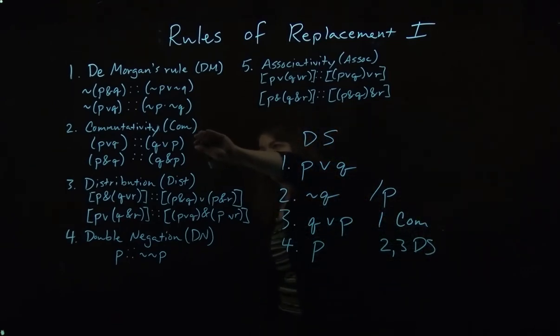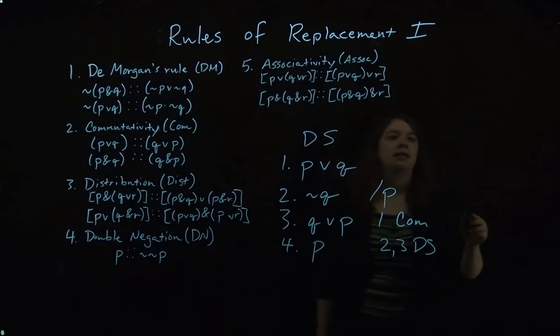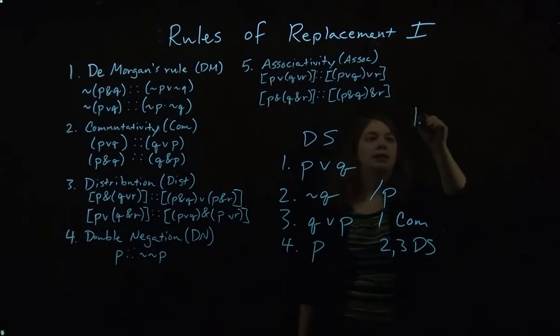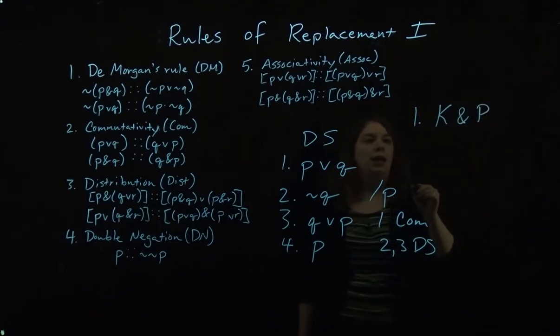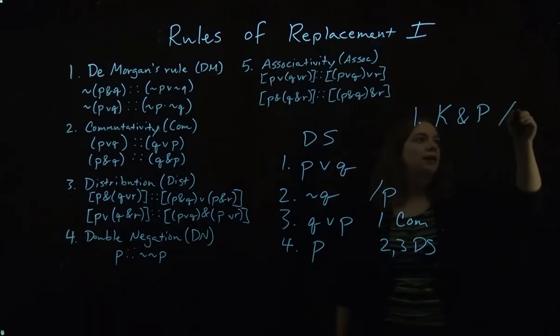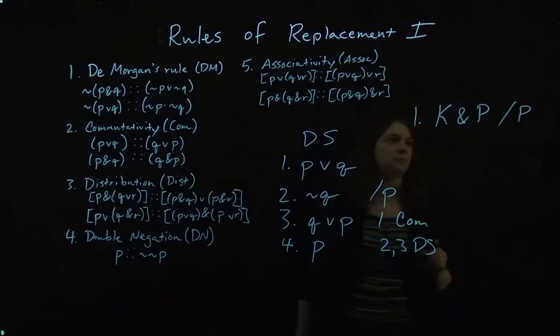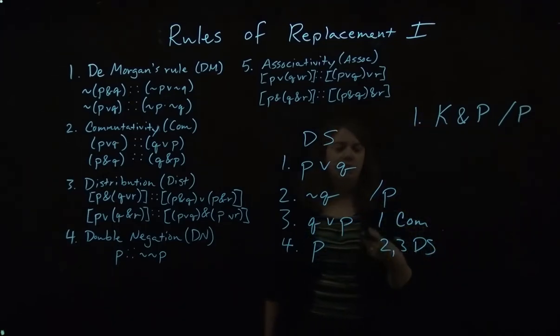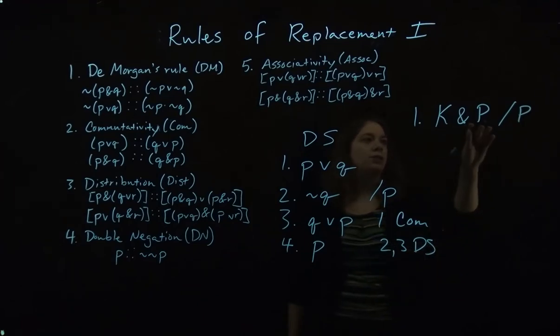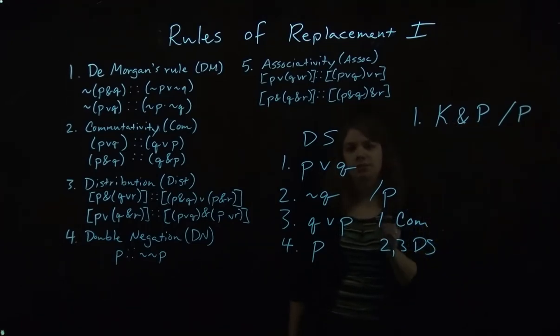Another place where the rule of replacement of commutativity comes into play, another kind of instant rule of implication, is if you have something like a conjunction, K and P, and you're trying to derive P. You might think, and the way you were doing it last week for a while, that you might just derive that P from this conjunction using simplification.